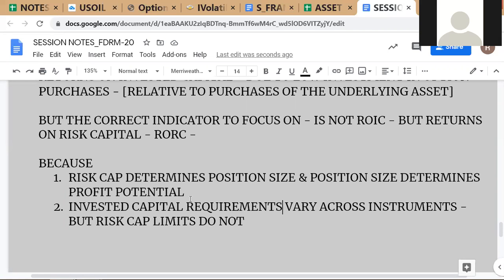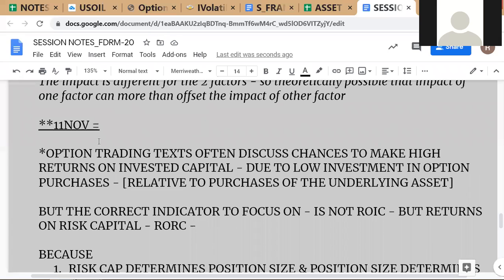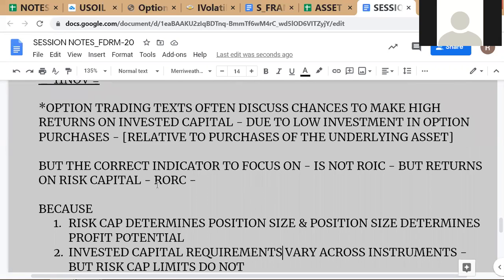So the basic lesson I'm telling you, which you will not find in any textbook, is do not get fooled by this. The correct indicator that you must always remember to focus on is return on risk capital.